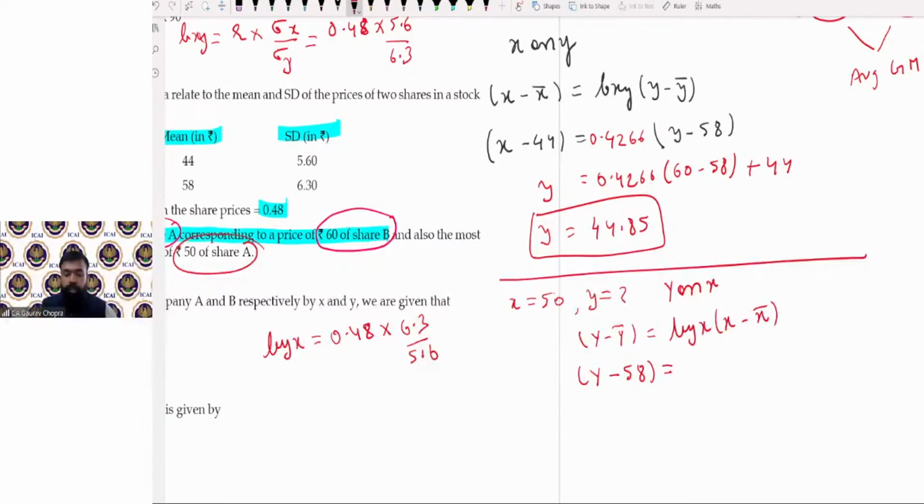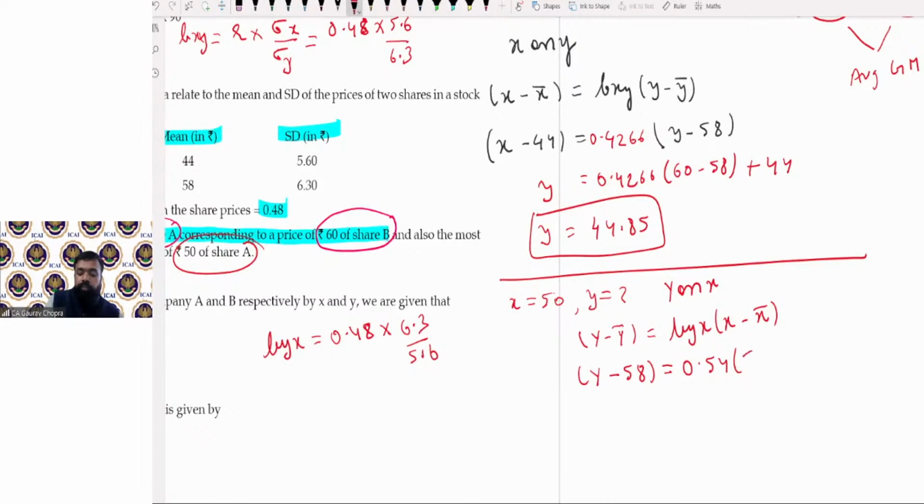So let's compute this. So how much are we getting? 0.54 into x minus x bar. Now what is the value of x and x bar?